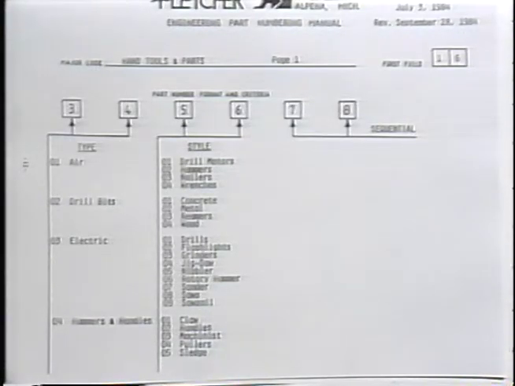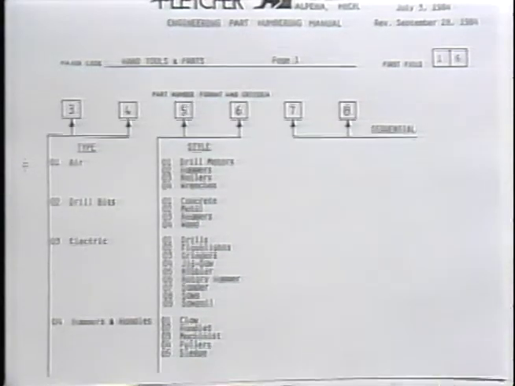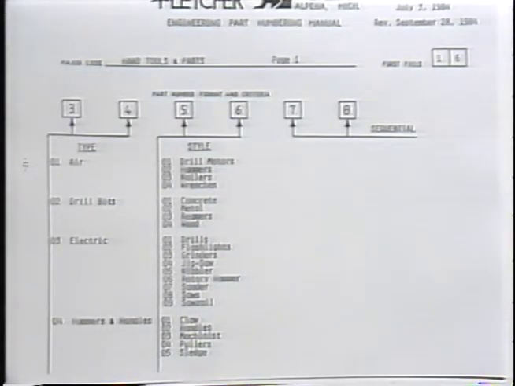Now, the 01 for drill motors is not a duplication of 01 for concrete. What makes those digits unique to themselves is the second field, 01 is air, and 02 is drill bits. So don't make the mistake that some companies do when they have a second subclassification, which in this case is the third field, digits 5 and 6.